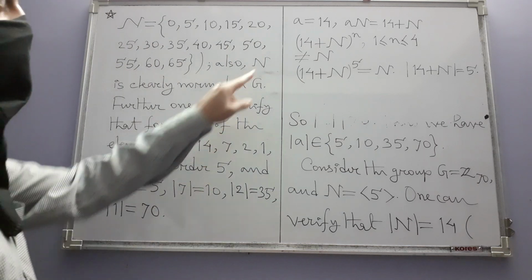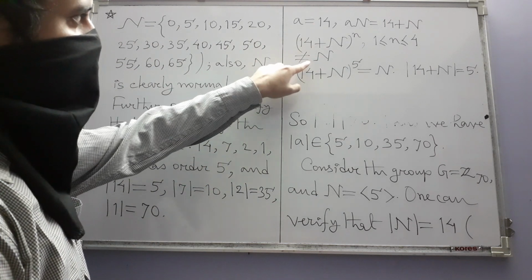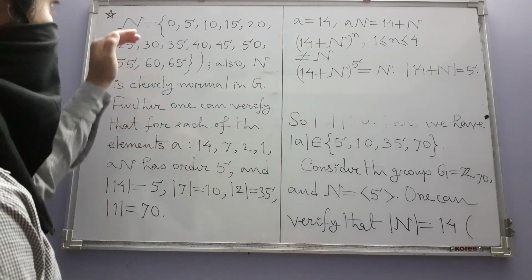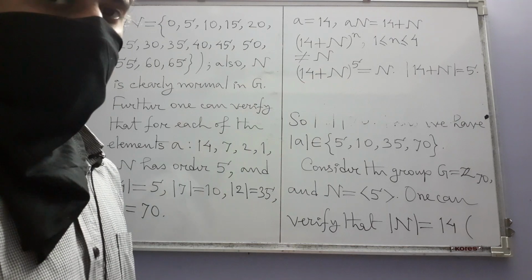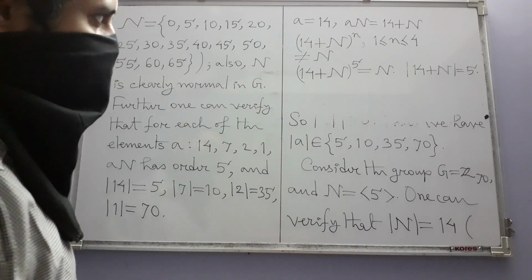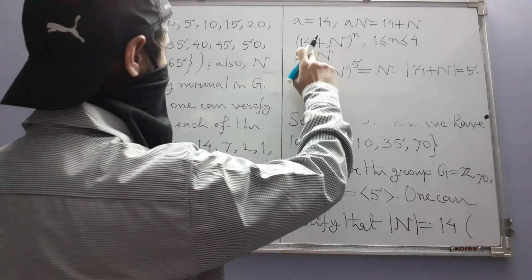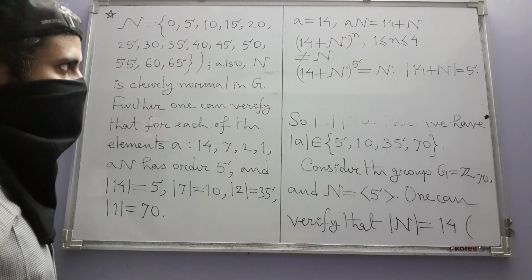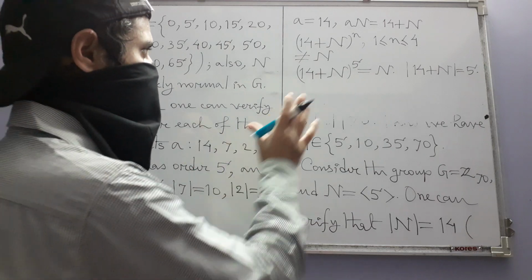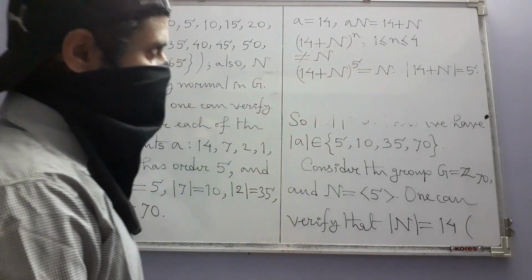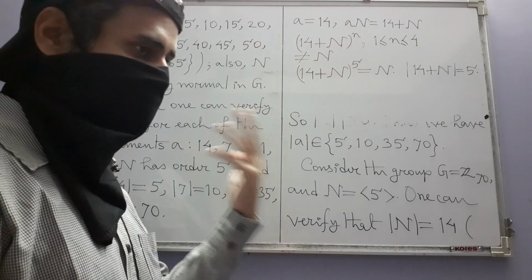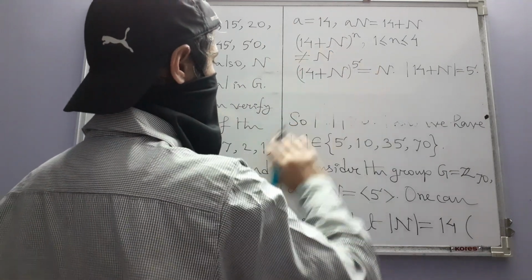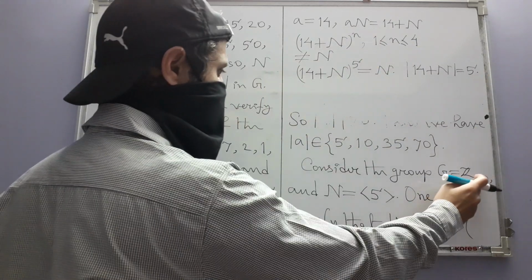Now, in order to show that these powers, none of them is equal to n, there is actually no need to calculate the entire set. You can just simply add 14 with 0, that's it. Keep in mind here also that these powers after all are also going to be some coset of n, right? So these cosets form a partition of this group.